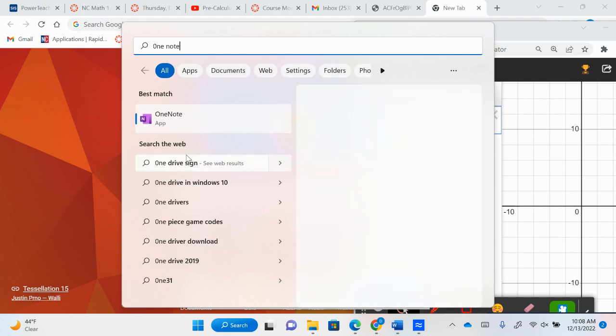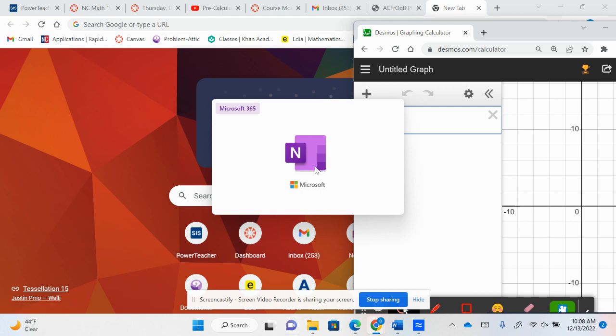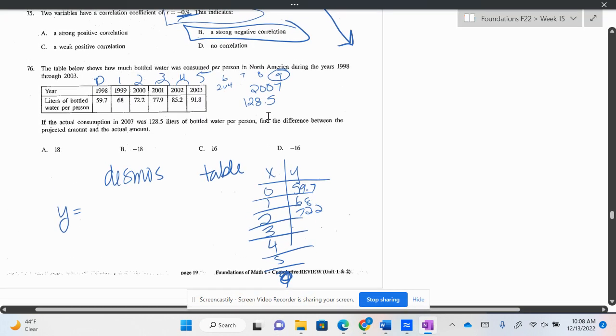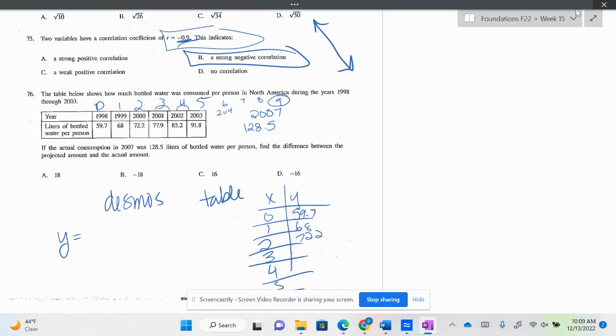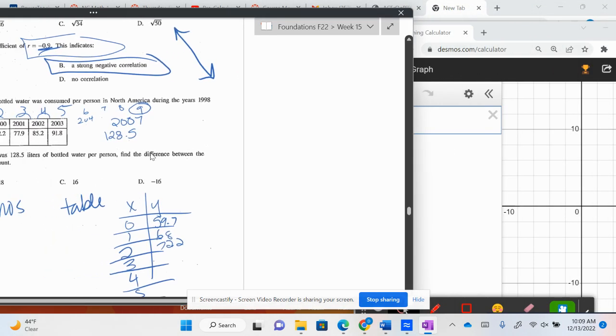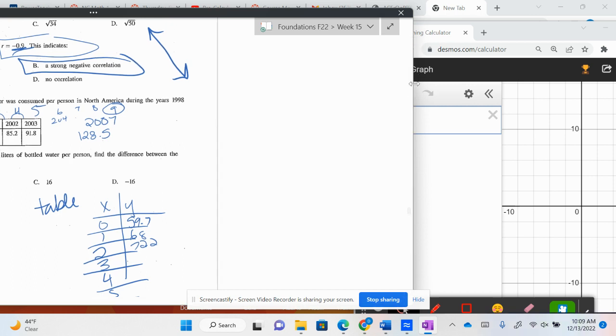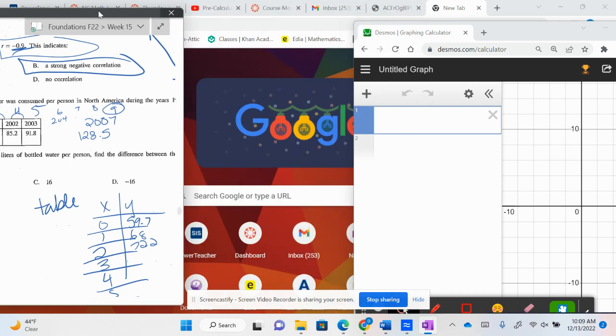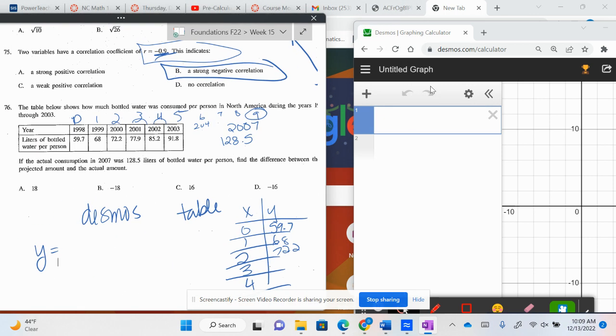Okay, so we're going to build this table. Here we go. So I'm going to click my plus button, choose my table.